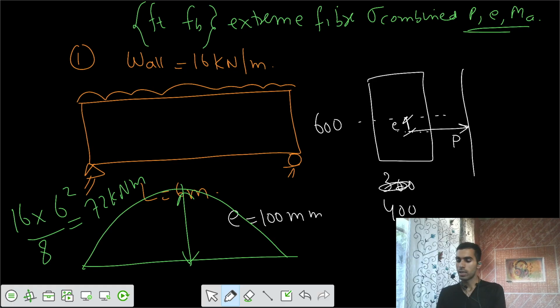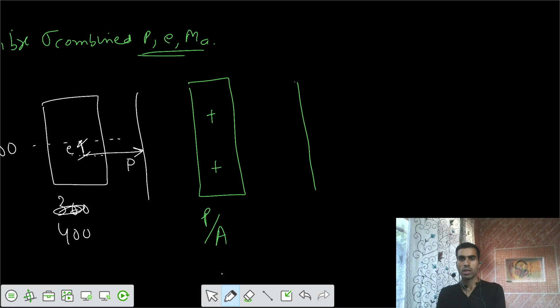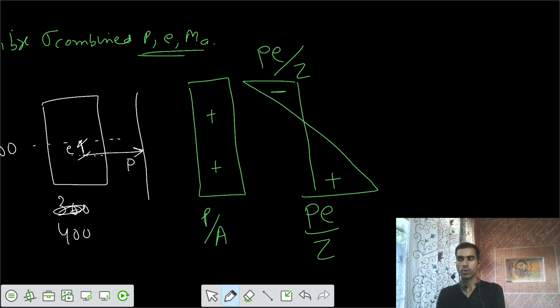Now because of P, there is a compressive force P by A for all the fibers, and a hogging bending moment. Because of that, you have compressive bottom and tensile top, with PE by Z top and PE by Z bottom.